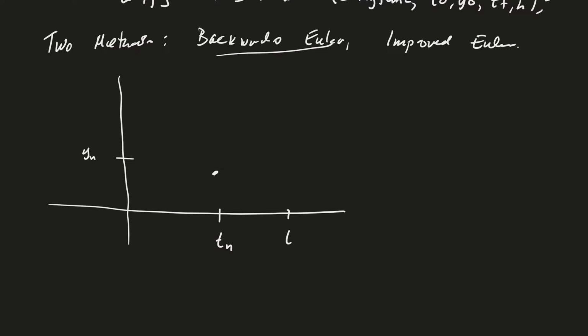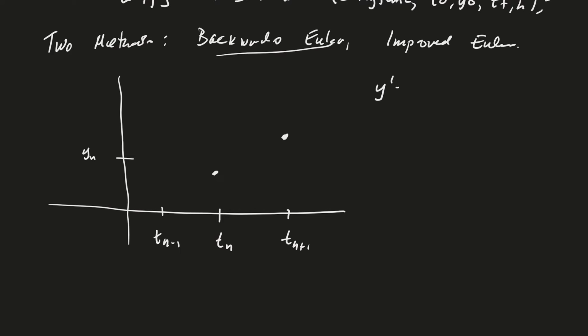So we have a Tn plus 1 over here, and let's just say a Tn minus 1 over here, right? And what we said was that if I have my Tn plus 1 here, then we could write that y at Tn plus 1, or let me rephrase that.